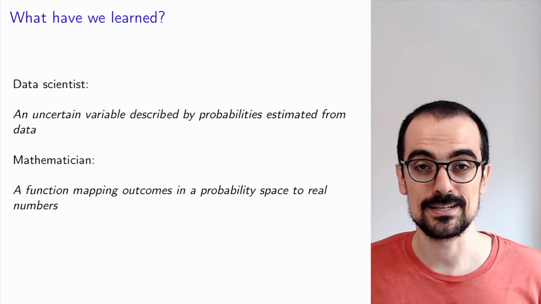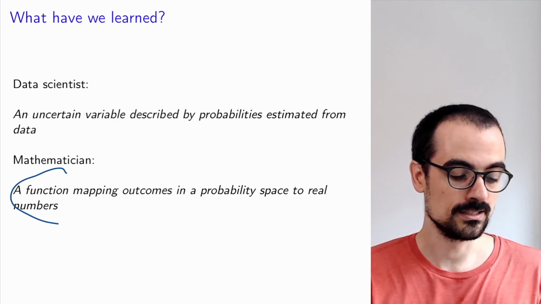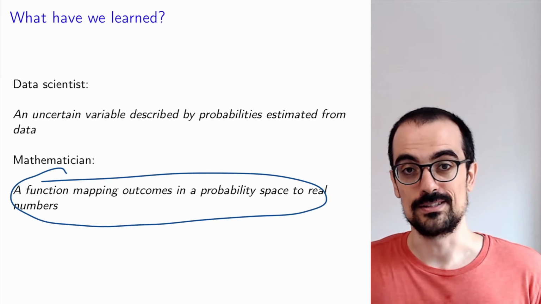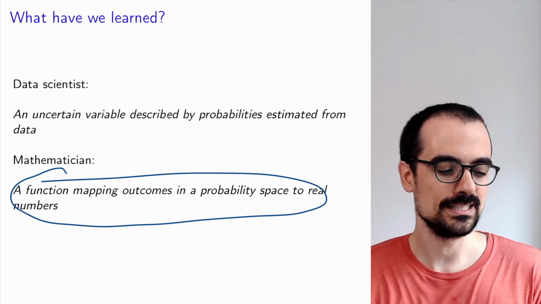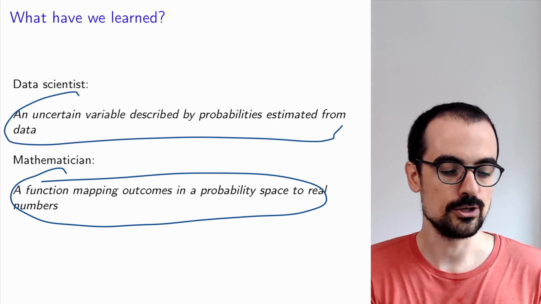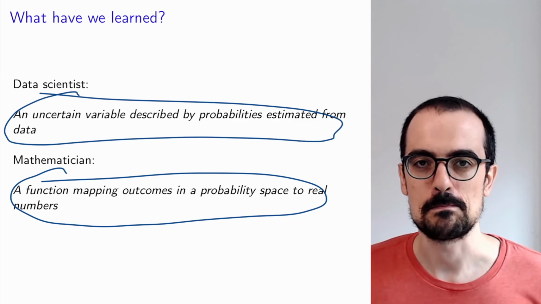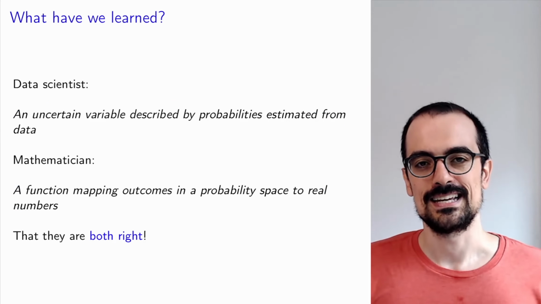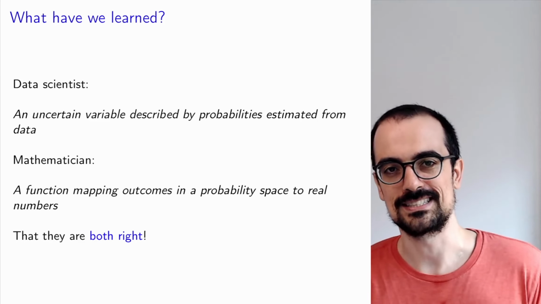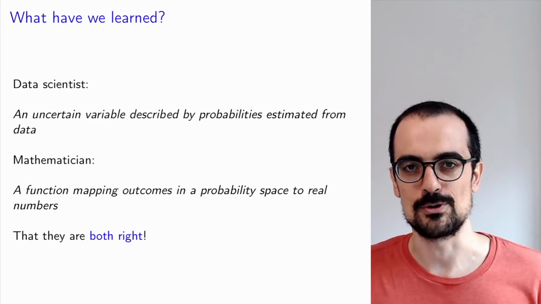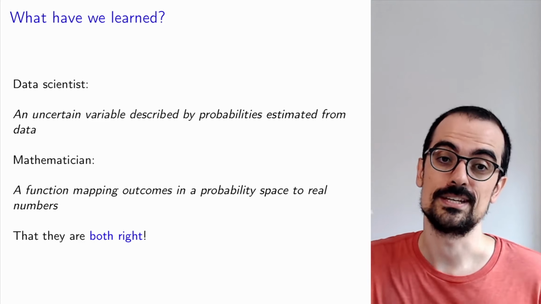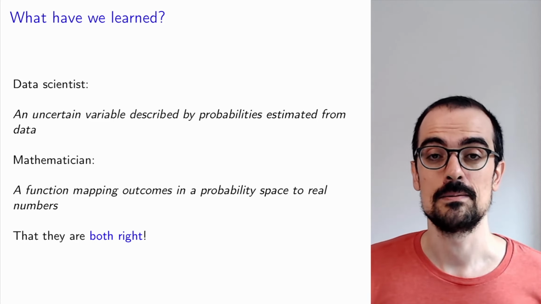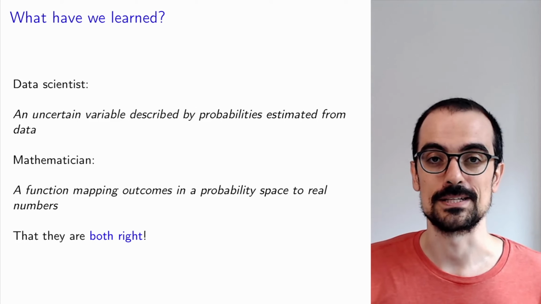But what really happens is that this mathematical definition is designed so that the corresponding object can be described using probabilities that are encoded by the PMF. So they are both right. It's just that the mathematician is telling you about the mathematical implementation that remains under the hood, whereas the data scientist is telling you how we actually manipulate discrete random variables in practice.